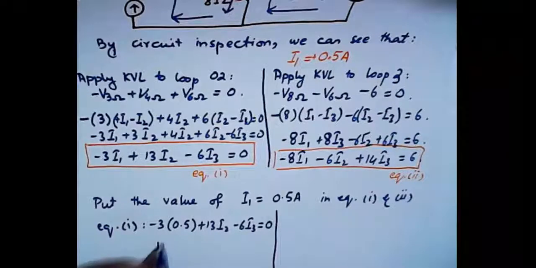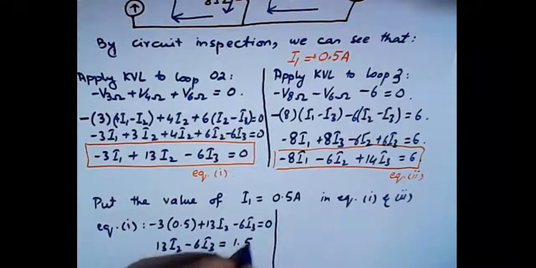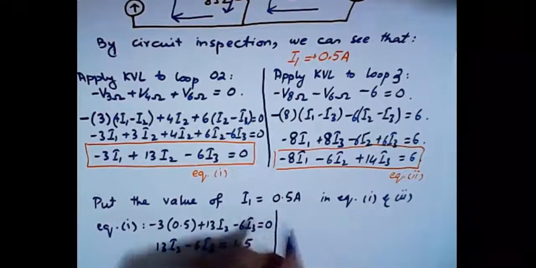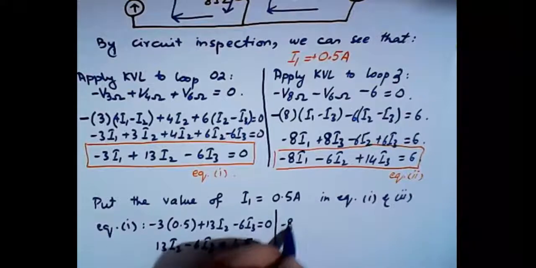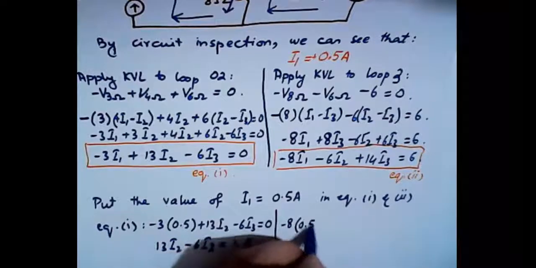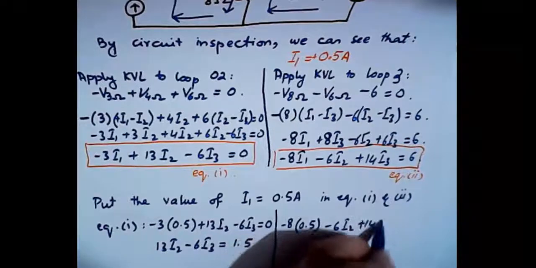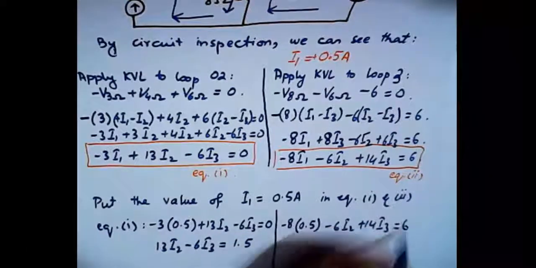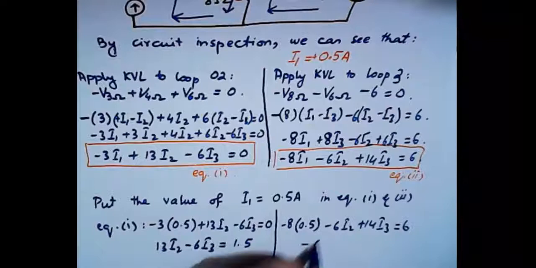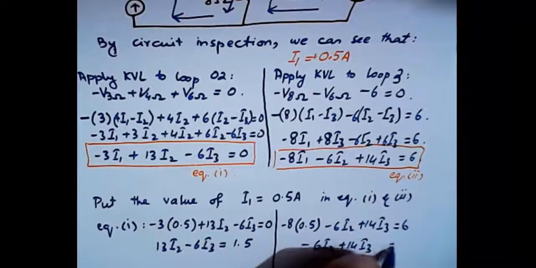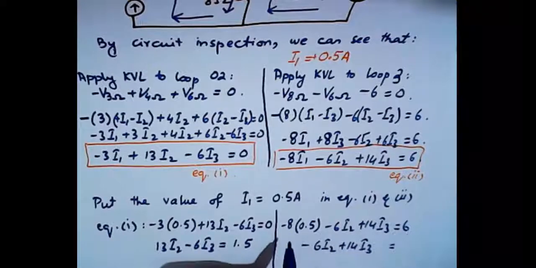So it will become 13I2 minus 6I3 is equal to 1.5, right? And equation 2 will become minus 8 times 0.5 minus 6I2 plus 14I3 is equal to 6. So it will become minus 6I2 plus 14I3 is equal to 6 plus 4. So it will become 10.